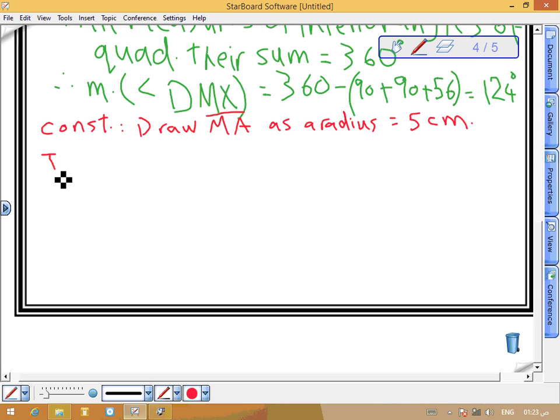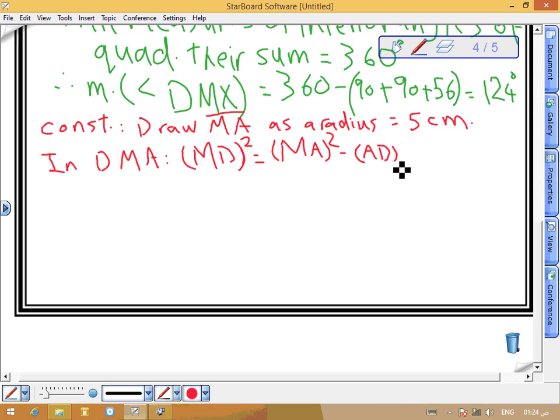So in triangle DMA, MD square equals MA square minus AD square equals 25 minus 16 equals 9 centimeter square.